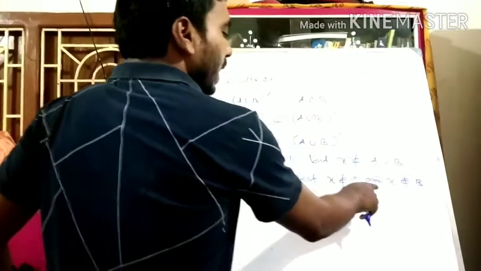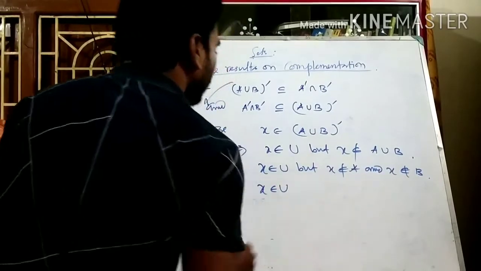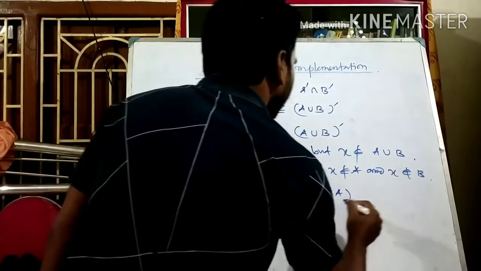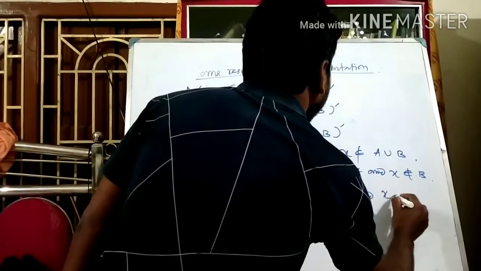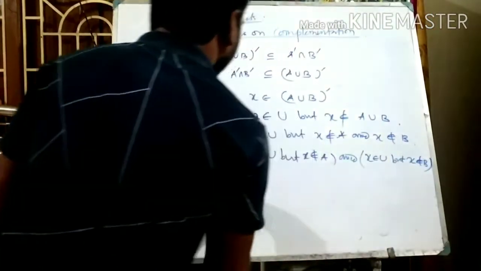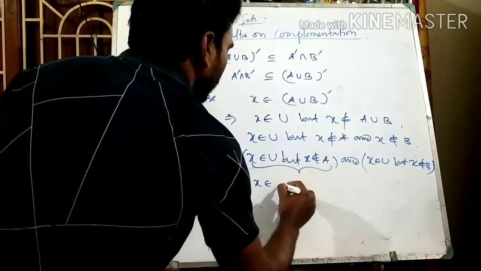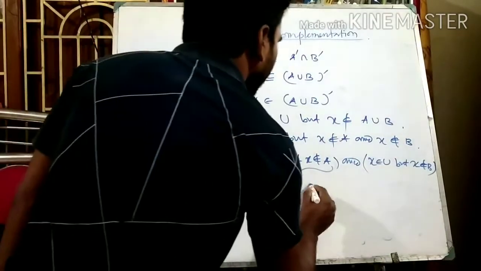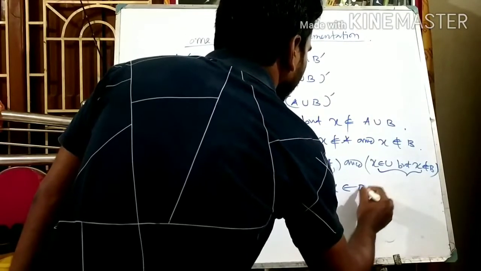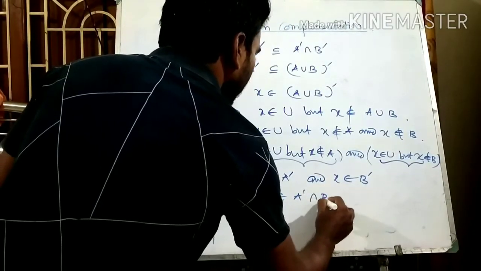So this implies X belongs to U but X does not belong to A and X belongs to U but X does not belong to B. So this implies X belongs to A complement and X belongs to B complement, and this implies X belongs to A dash intersection B dash.